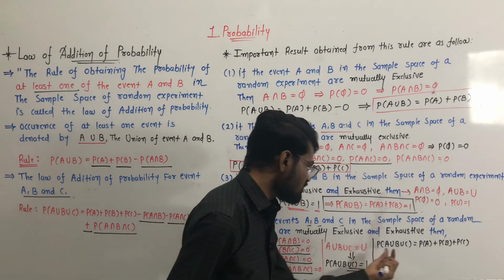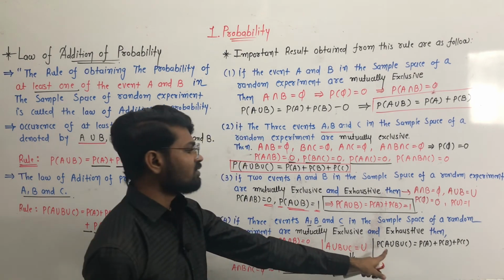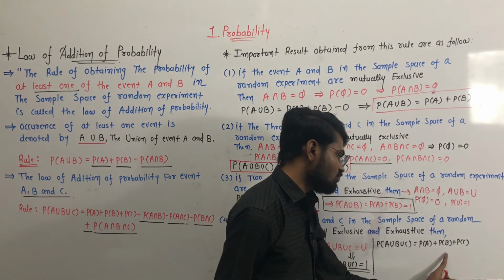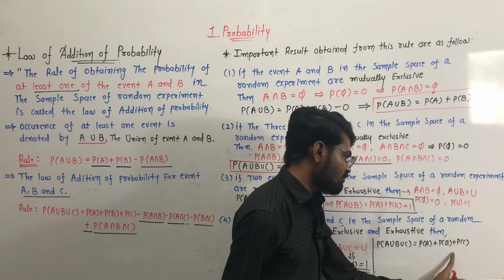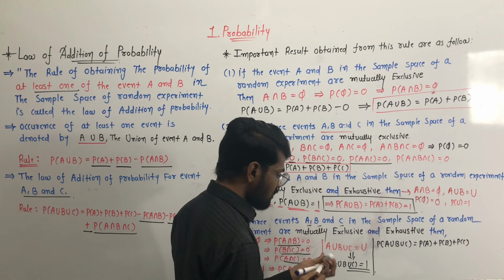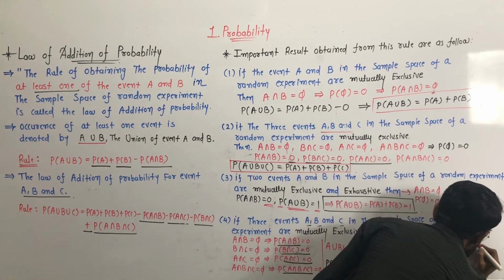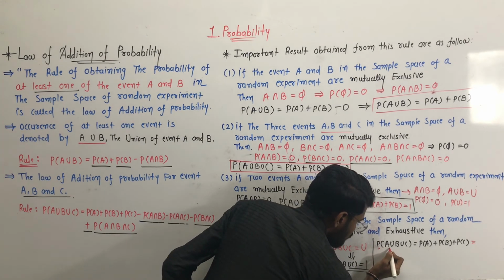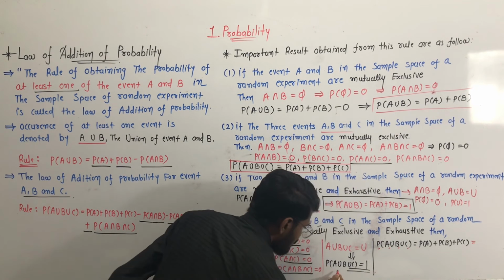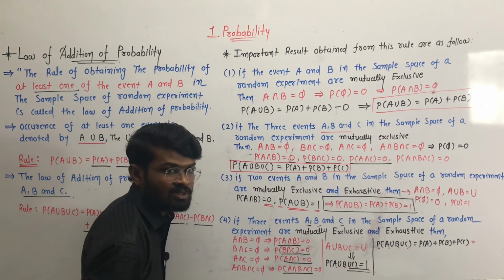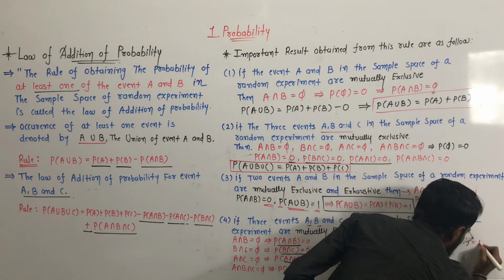So our equation is that the probability of the union of A, B and C is equal to P of A plus P of B plus P of C, and this is equal to 1. Why? Because the probability of the union of A, B and C is equal to 1.